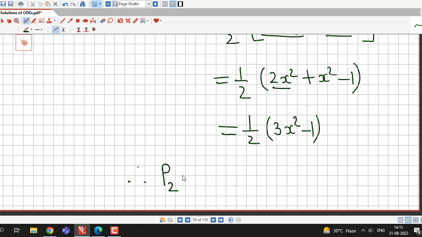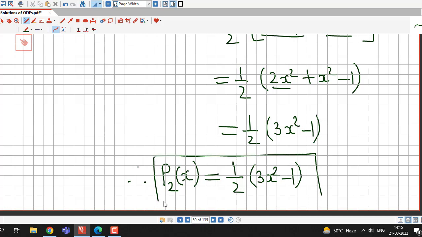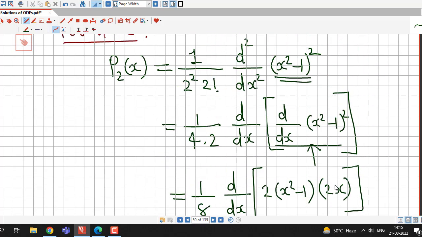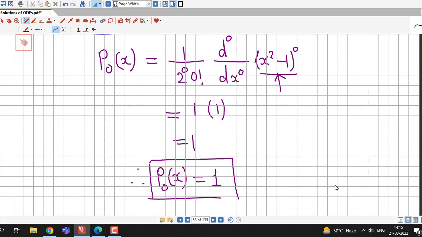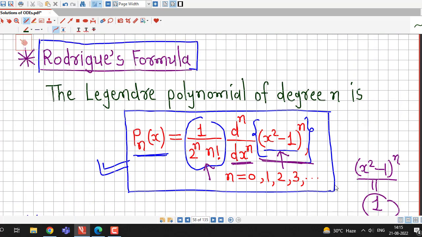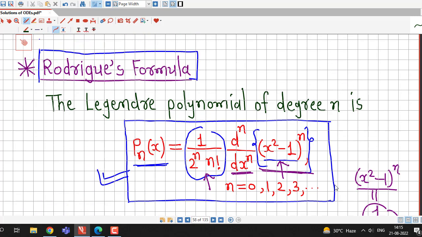So it is easy to derive the Legendre polynomials of different degree using the Rodrigues formula also. Here I obtained the formula for the Legendre polynomial of degree 2 using the Rodrigues formula. So this is another way to derive expressions for Legendre polynomials of different degree, and this is known as the Rodrigues formula.